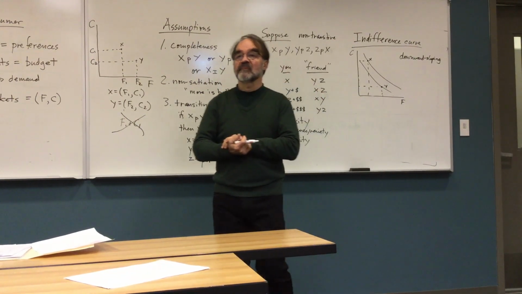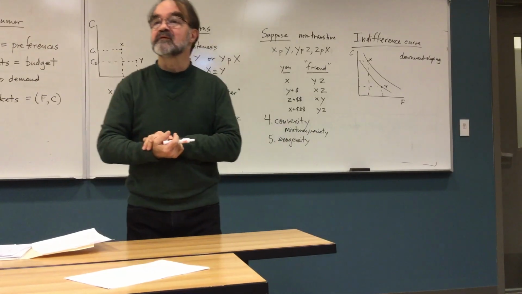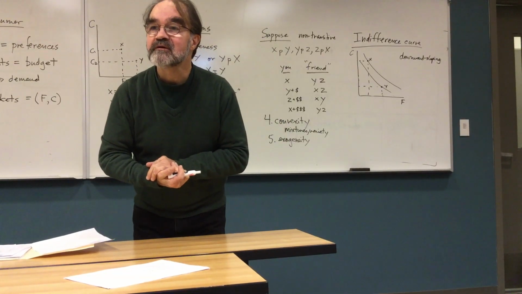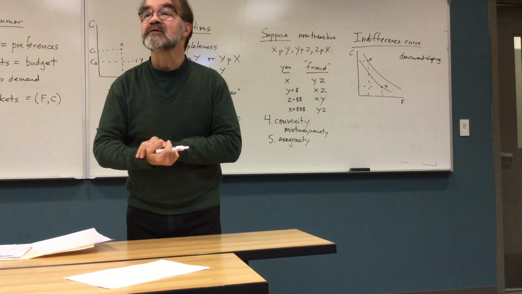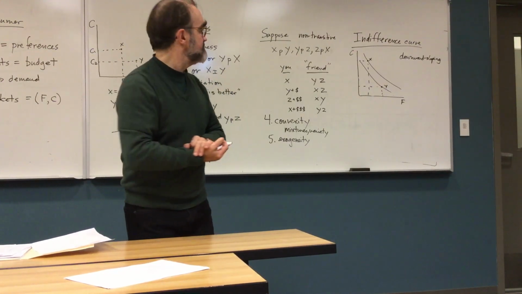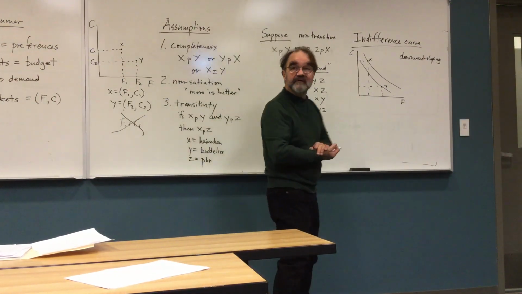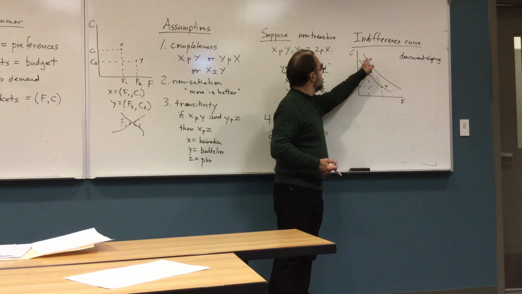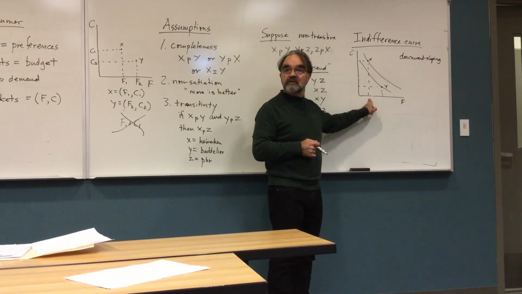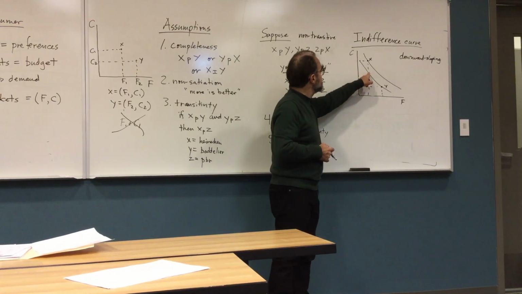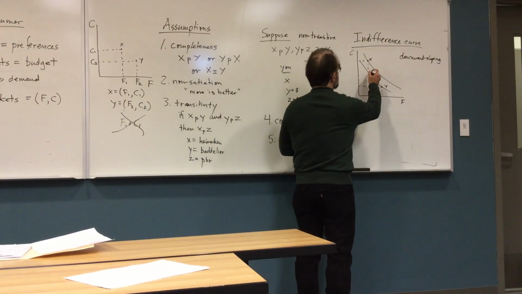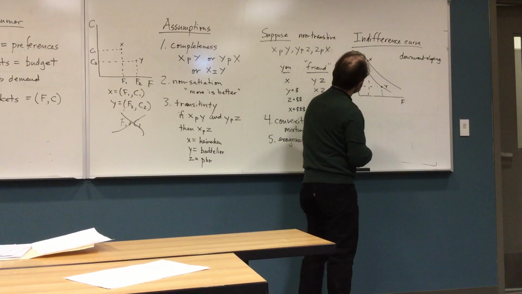When I brought a vertical line from X, it cut the indifference curve at X5, here.